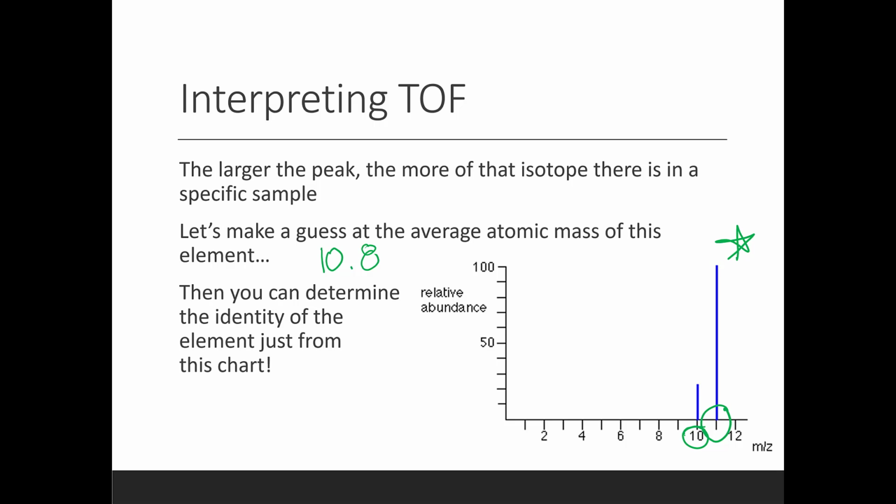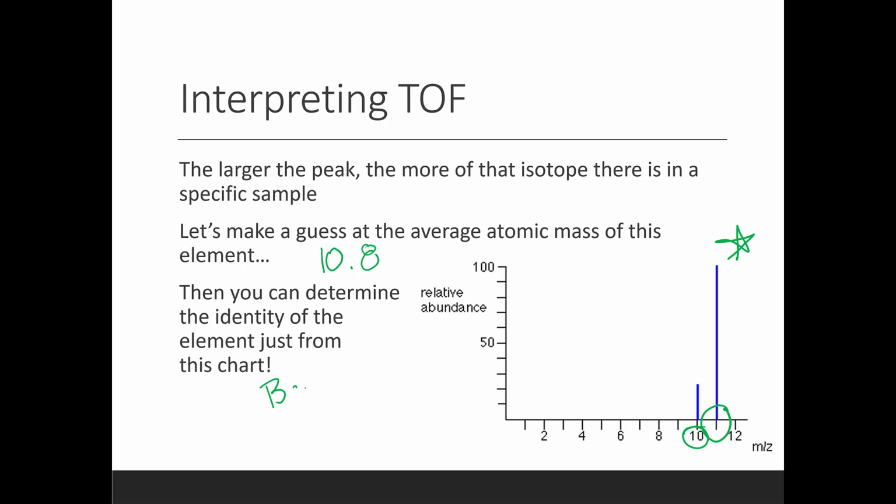So now, using that, let's see if we can determine the identity of this element just from this chart, just from these isotopes. If we look at the periodic table, the element that has a mass somewhere between 10 and 11 is boron.